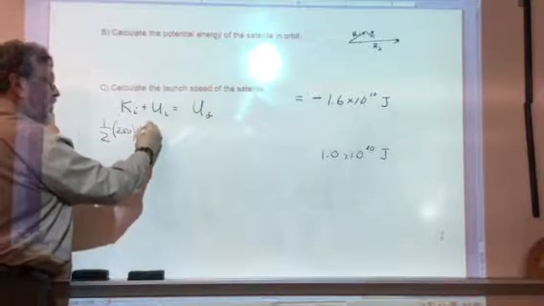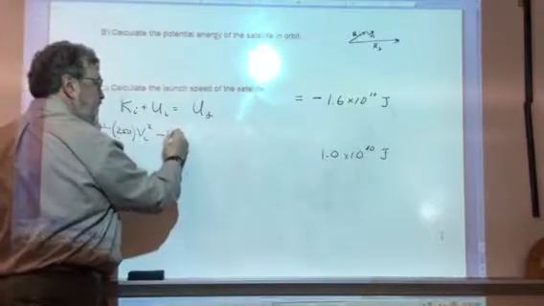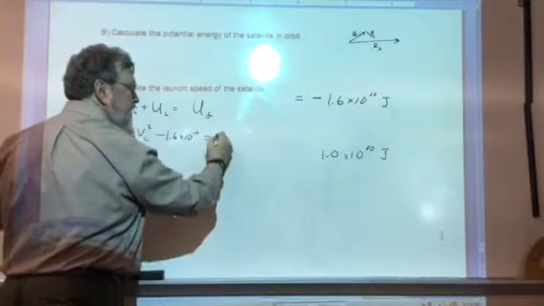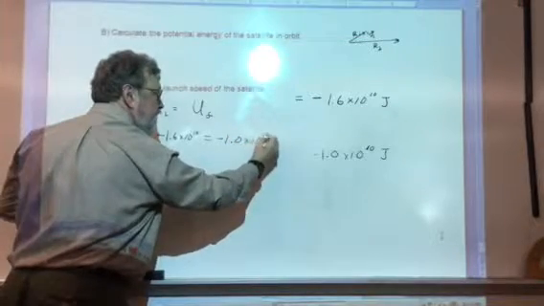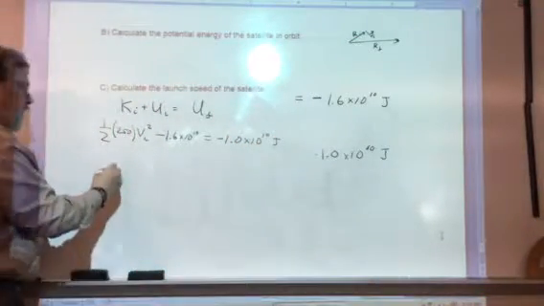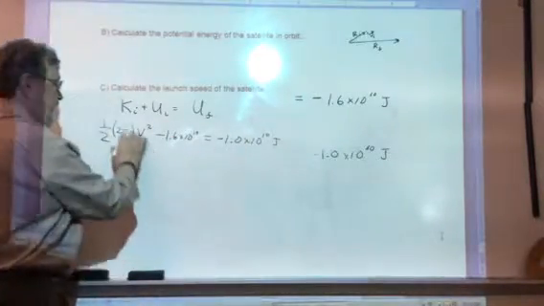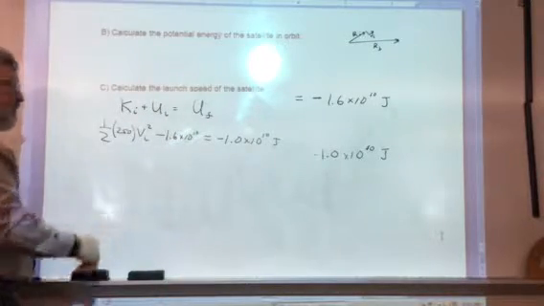I'm trying to find out what velocity I need, but the initial potential energy is what I had there. It's negative 1.6 times 10 to the 10th, and that's equal to this other potential energy, negative 1.0 times 10 to the 10th joules. And from here, you can just add this to the other side and divide by the 125. So it's a little bit easier to do the mathematics than in the one long equation.